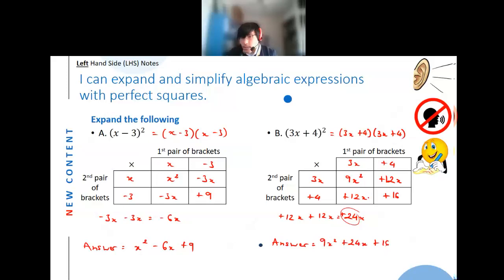Now later on, when you're familiar with this, perhaps you can skip the second last step, when you add the like terms. What you can do is you go, okay, 9x squared, and then I know that I have to double the 12x, so double that's going to be plus 24x. You just write it right there, and then plus the 16.